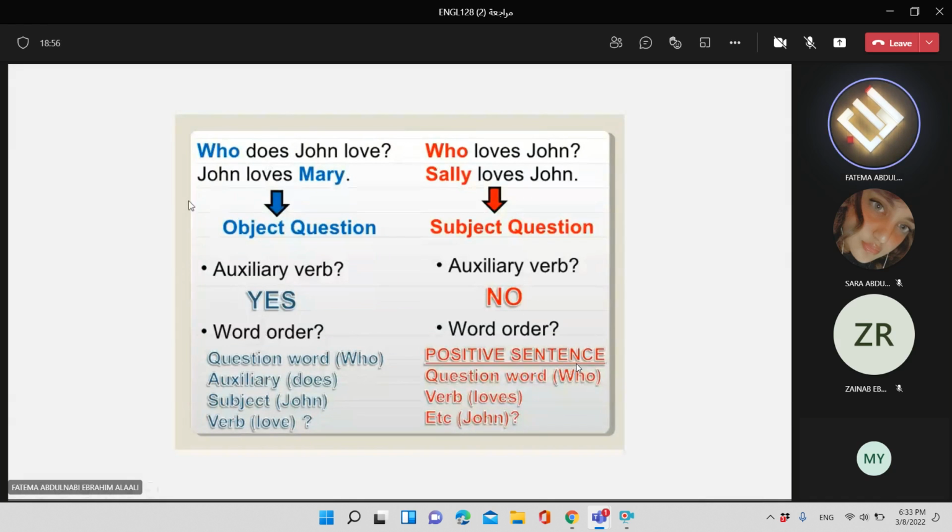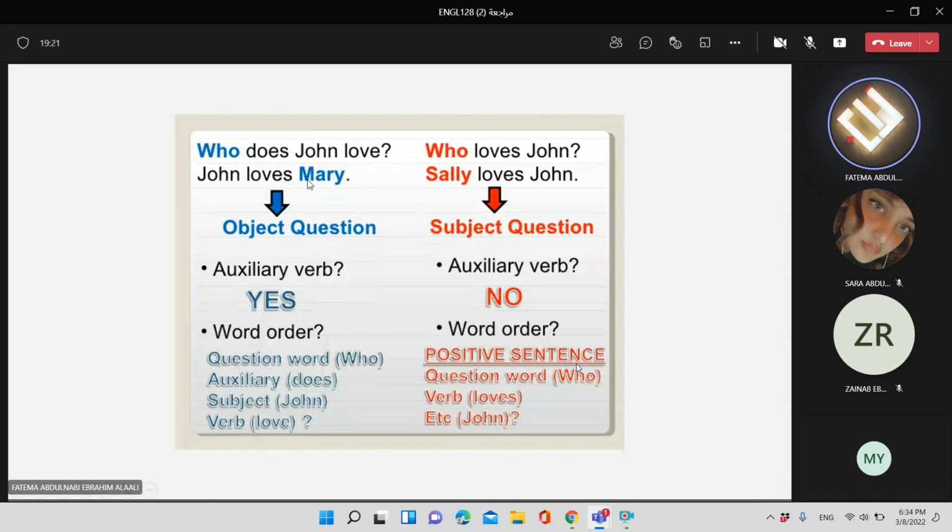As in a sentence, we use s with the verb if the subject is singular, right? To form a question, adding does, we remove s from the verb. So this is how to form an object question.